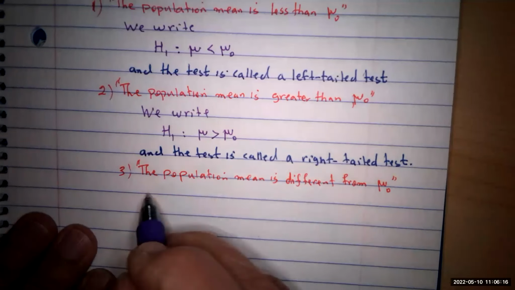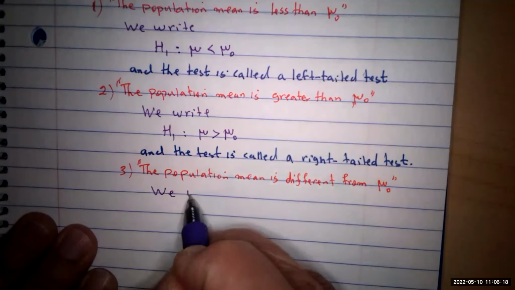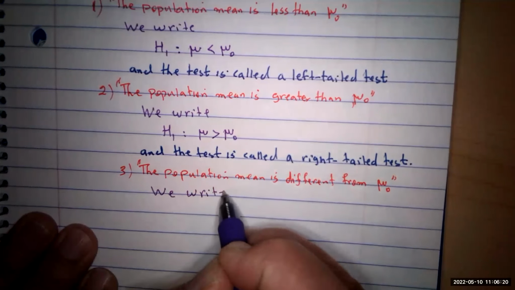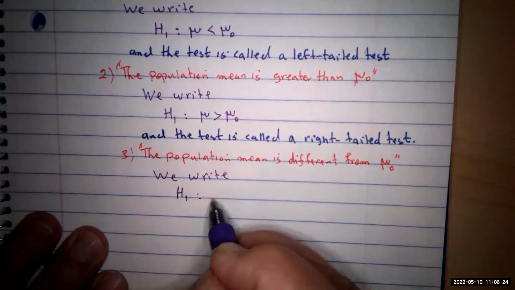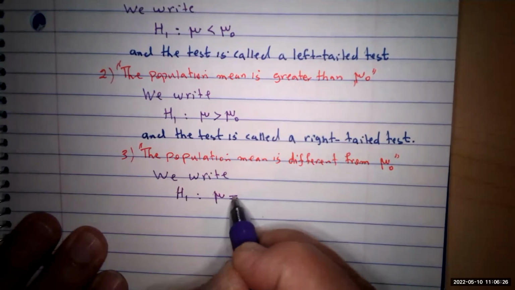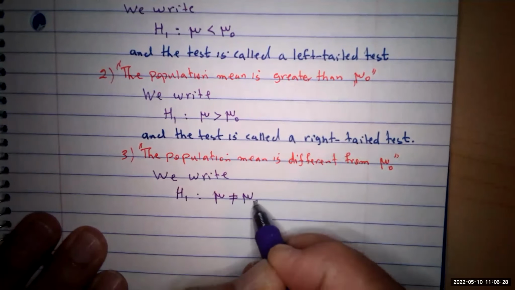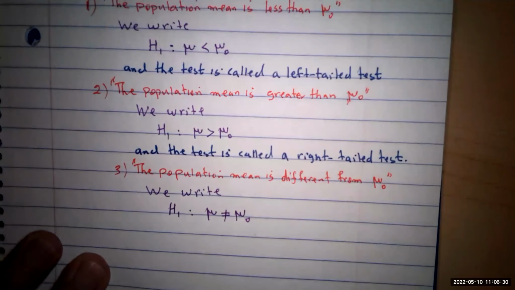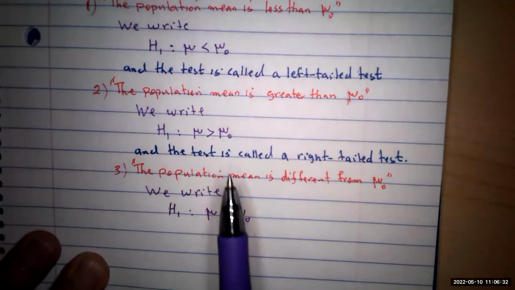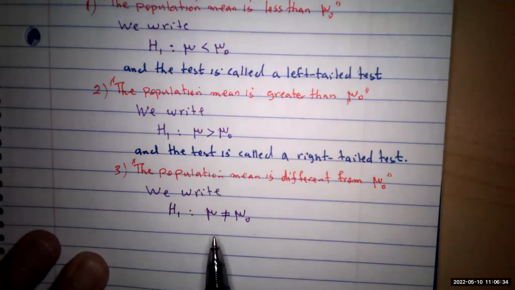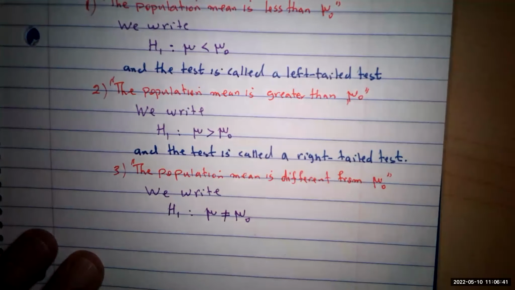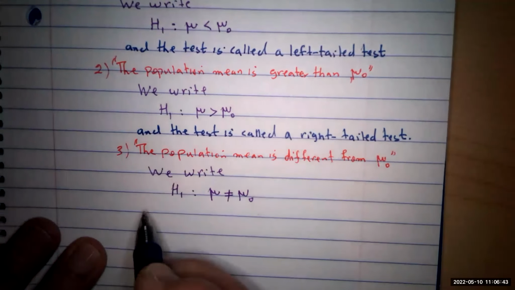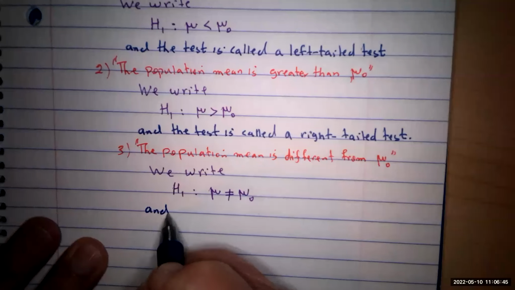So again, we write H1 is the fact that mu is not equal to mu0. Less than, greater than, not equal to. When it's a not, it may be the first one or the second one. So that's why the test is called two-tailed.